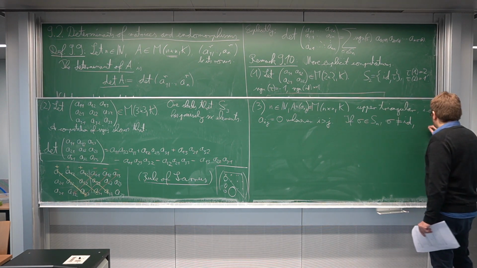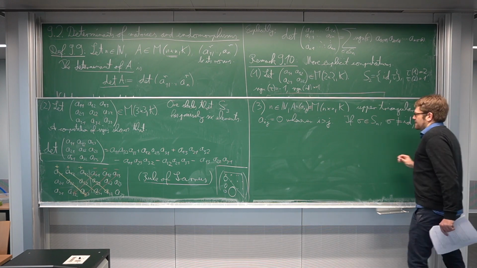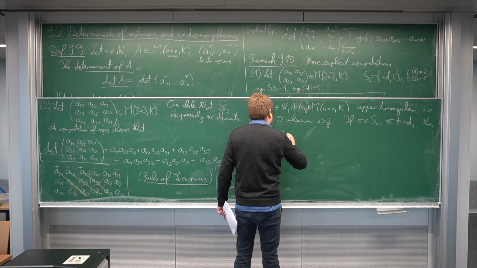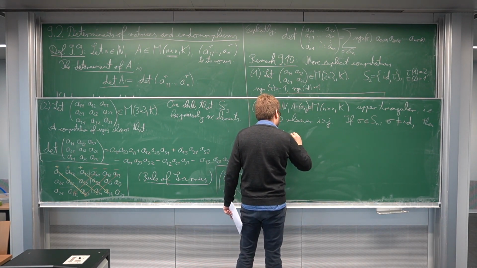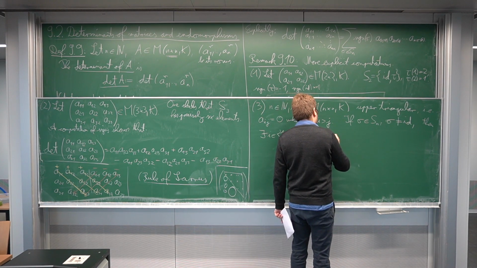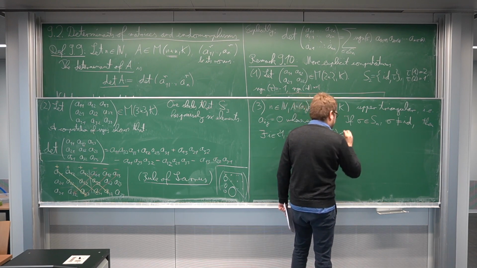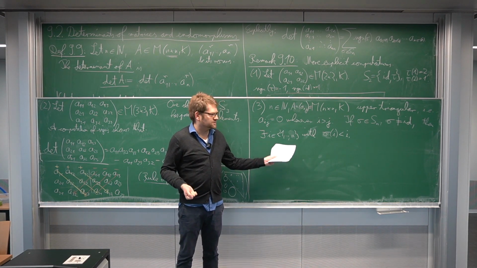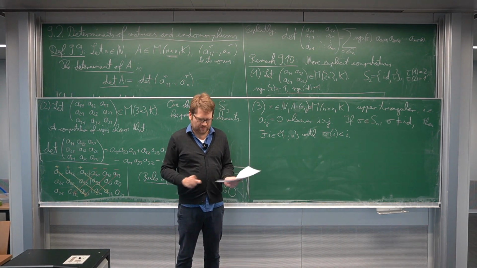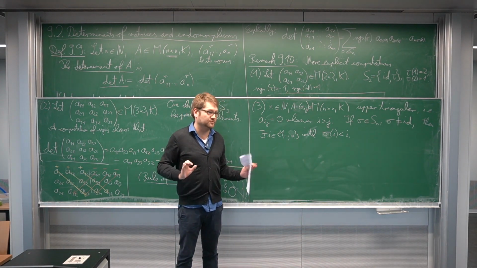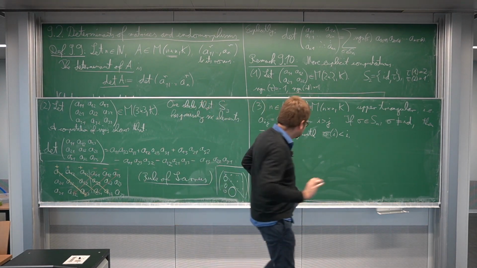Then it's easy to see, and this is something that you can really think about, then there always exists some i between 1 and n with sigma(i) smaller than i. So there will be some element which becomes something bigger than it was, but then there must also be something which becomes smaller than it was. This is something where you can basically write this down and think about a bit, and this is easy to see. I will not give a formal proof of this.